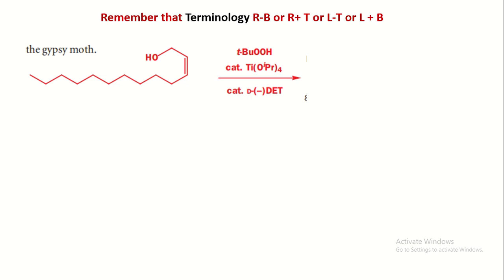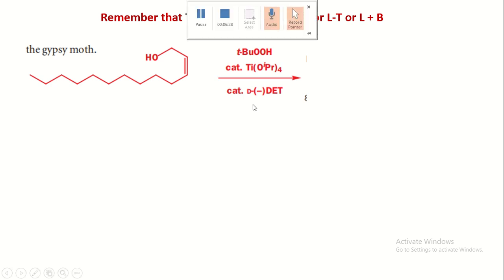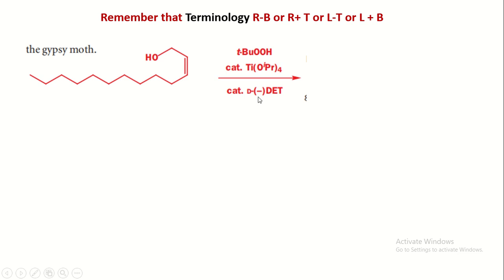In this reaction, the double bond is already present in the vertical manner and the OH group is present at the top side but left hand. Therefore, use either L minus T or L plus B terminology, which depends on the configuration of diethyl tartrate, which is minus. Therefore, use L minus T terminology.